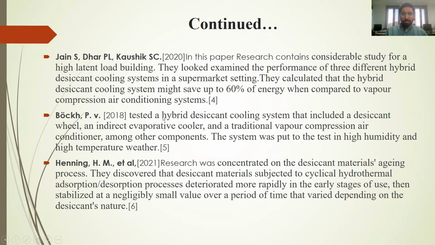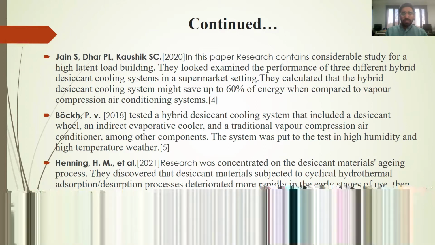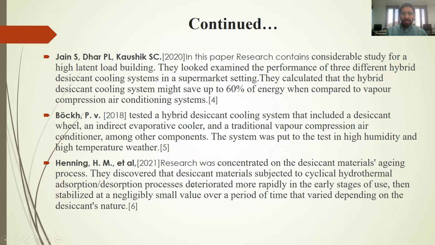And in the fifth paper, the study is about the hybrid desiccant cooling system. Hybrid means the cooling system is used for both air cooling and water cooling. And in the last paper, the study is conducted about the desiccant materials, their properties, uses, and availabilities.